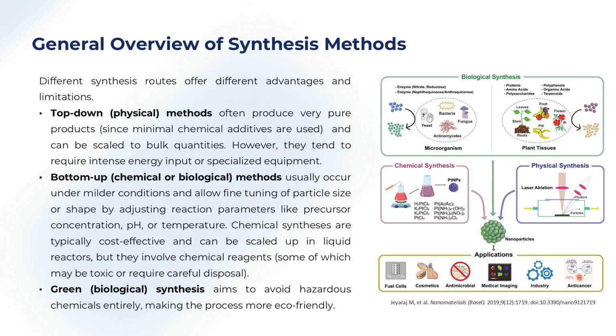Chemical syntheses are typically cost-effective and can be scaled up in liquid reactors, but they involve chemical reagents, some of which might be even toxic. Green biological synthesis aims to avoid hazardous chemicals entirely, making the process more eco-friendly.